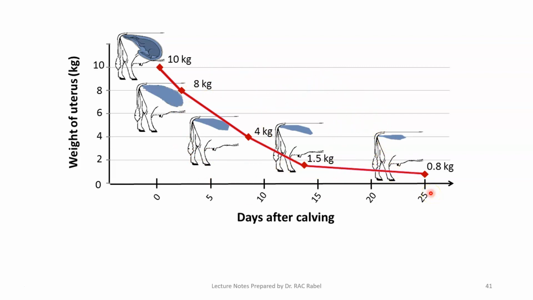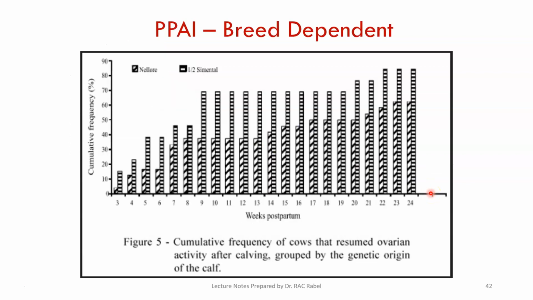And even the hormones have to come back to normal, right? So this postpartum anestrus interval is dependent on so many things, for example comparing Bos indicus breeds, Nellore, and Simmental, right?